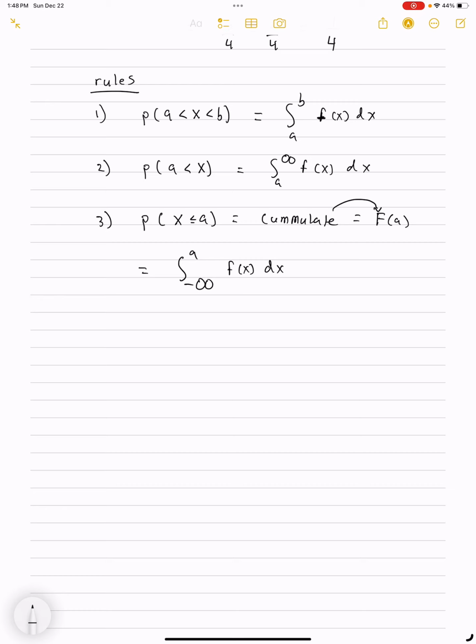Okay, so for example, let's calculate the cumulative of f of x, where f of x is this 1/4 and it's 0 for all other values.